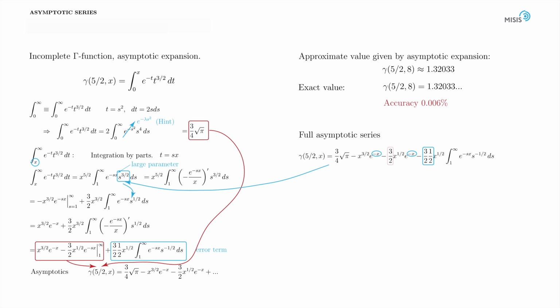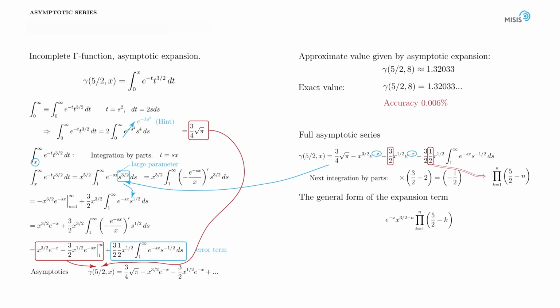The zero step brings 3/2. The first step brings an additional 3/2 minus 1, which is 1/2. The next step is going to bring another 3/2 minus 2, which is minus 1/2 factor. So we have the following accumulating product. So the general form of the nth term in the expansion looks like this. Hence, we form the following full asymptotic series.